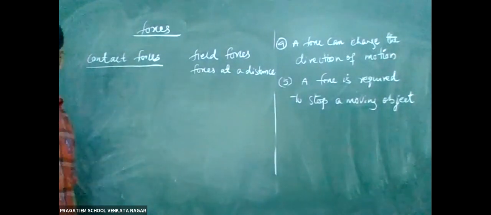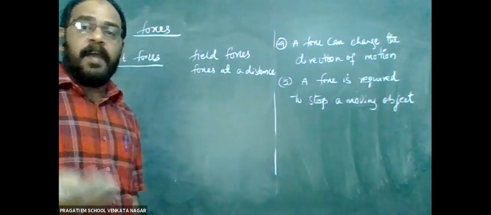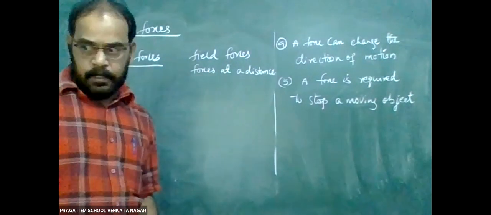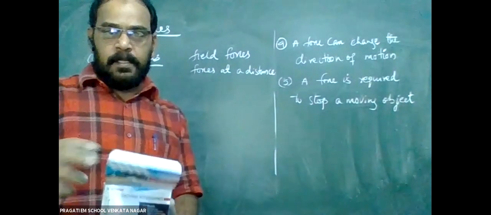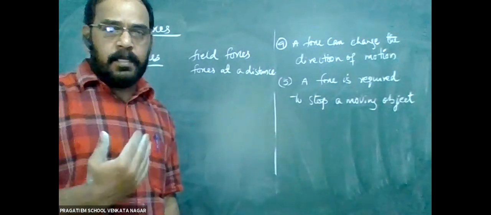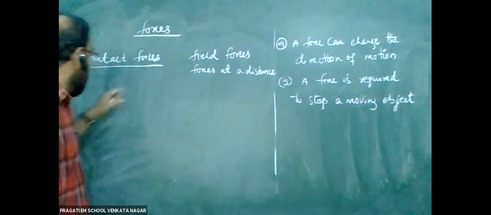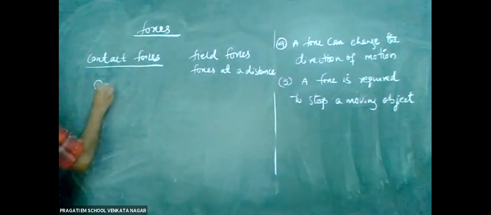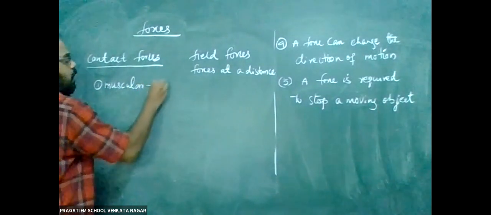What is the definition? The force exerted on an object by direct contact. When I hold this chalk piece, I directly apply a force on it. Such direct contact between two bodies is called contact forces. In that example, the first one is muscular force.